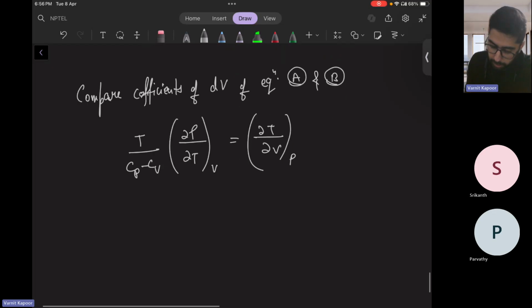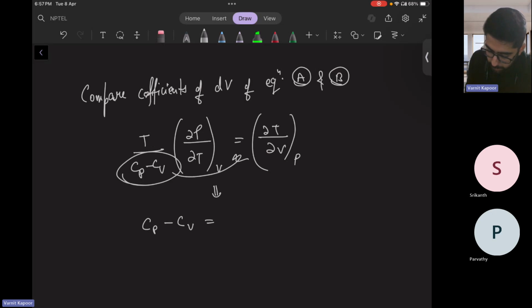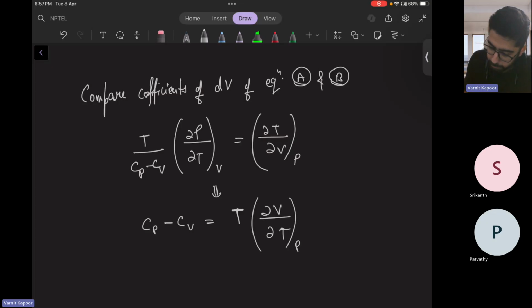From here you transpose and eventually Cp minus Cv comes out to be T times dou V by dou T at constant pressure times dou P by dou T at constant volume.